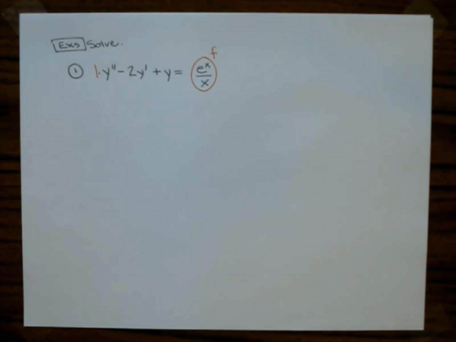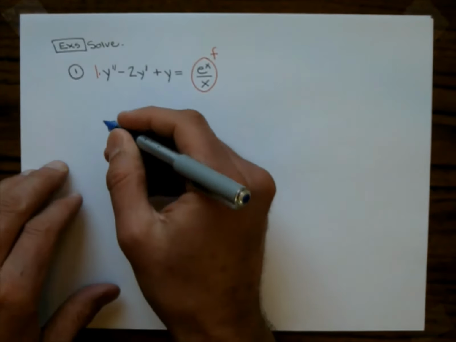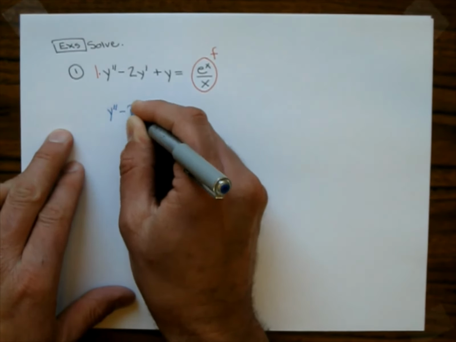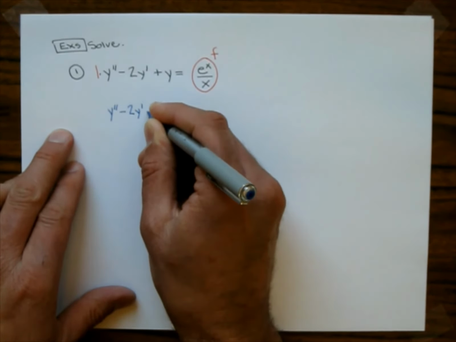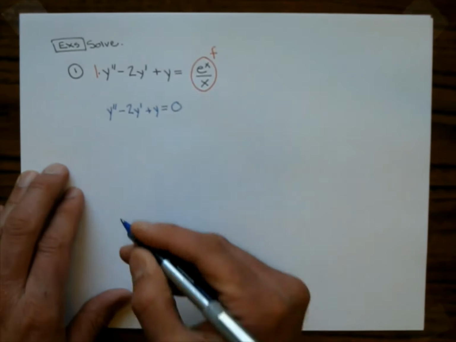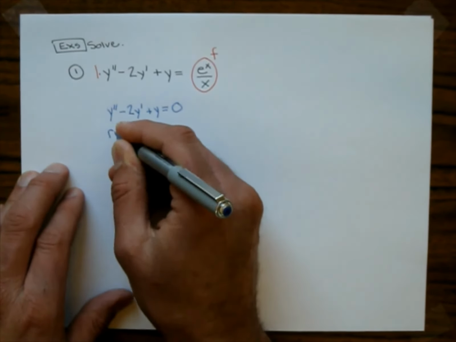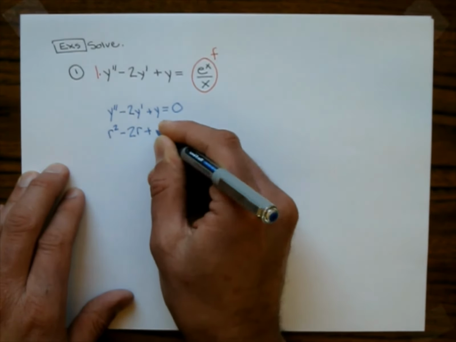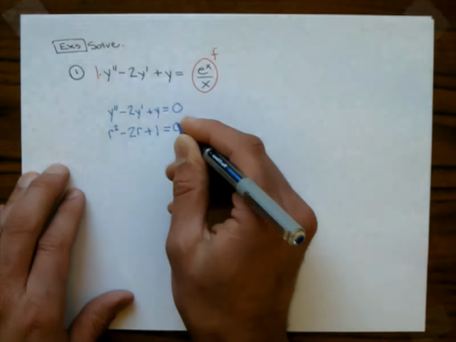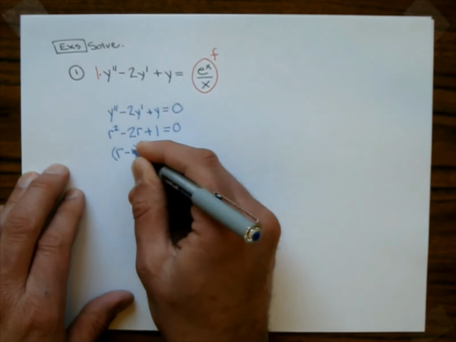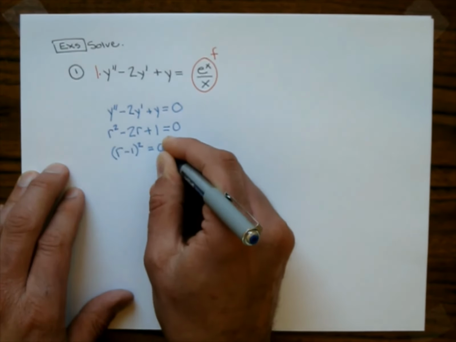Step 3, compute the complementary solution. How do I compute the complementary solution? I solve the associated homogeneous differential equation, which looks like this. Okay, so let me go ahead and write down my auxiliary equation. r squared minus 2r plus 1 equals 0. This is (r minus 1) squared equals 0.